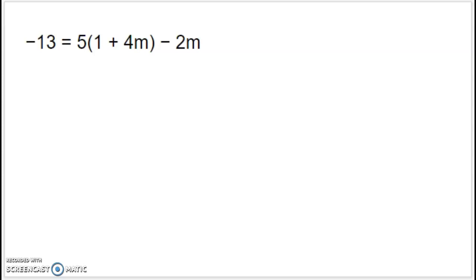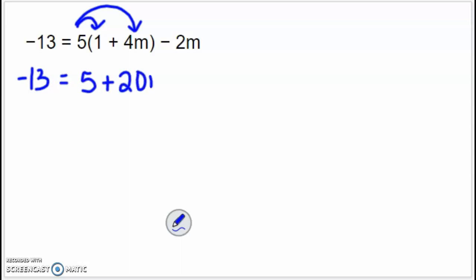Example number 3. I notice I do have the distributive property for the 5. So I have it rewritten as negative 13 equals 5 plus 20m minus 2m. Next, I do have some like terms I can combine.